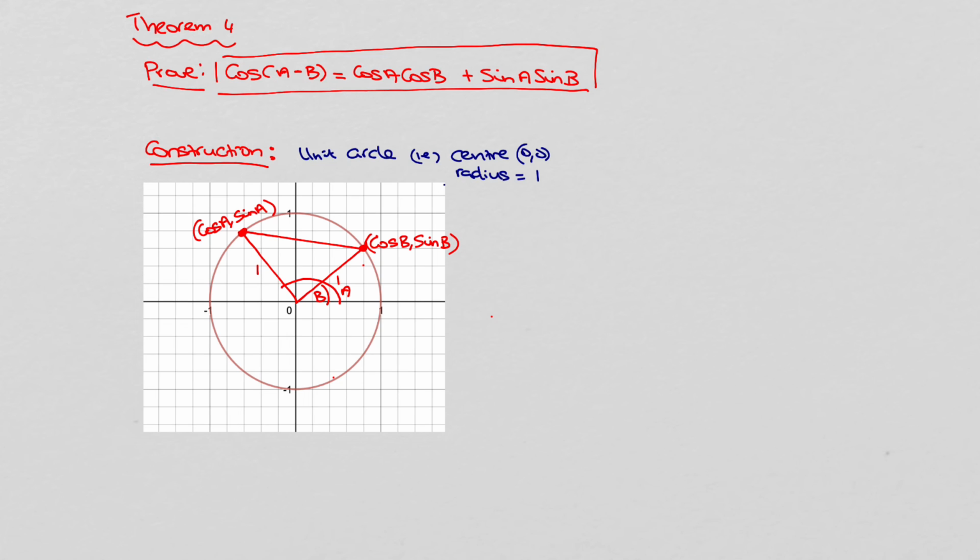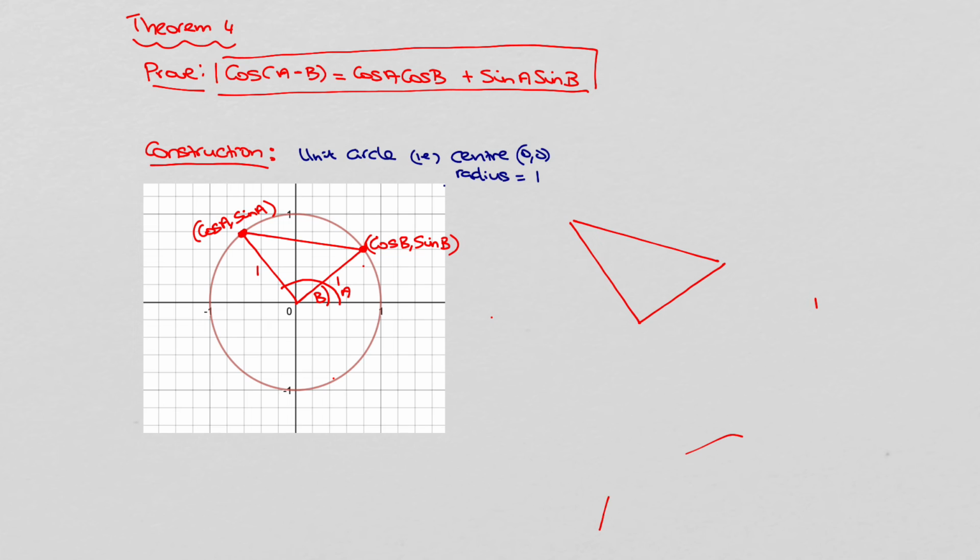And if I look at that triangle, and if you want, you can take the triangle out to see it a little bit clearer. Or you can just mark in the angle in your unit circle, it doesn't matter.